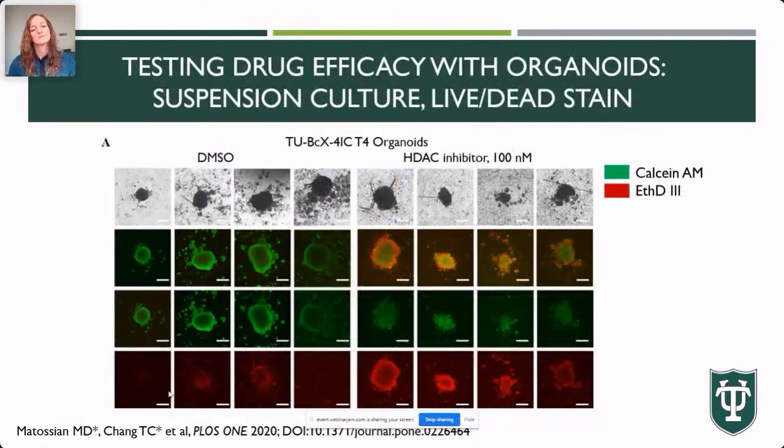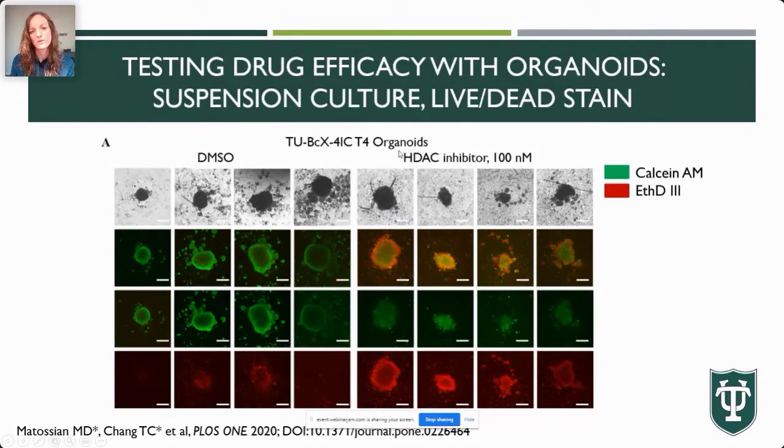We wanted to test some targeted inhibitors that we often used in our group, or that we were interested in at the time, and see if these targeted inhibitors could affect even this drug-resistant PDX model. So we generated organoids from these tumor pieces.